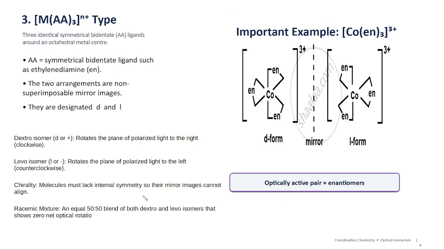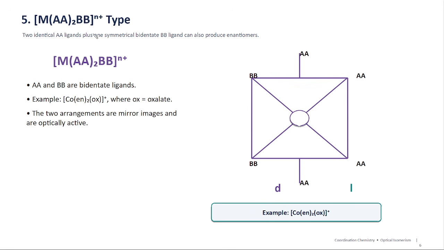And next one is racemic mixture. A racemic mixture means the compound which gives equal amounts of dextro and levo isomers. Now see this example, D form and L form. Dextro means rotating clockwise, levo means rotating counterclockwise. Okay. Next, MAA2BB type. AA means symmetrical bidentate ligand.